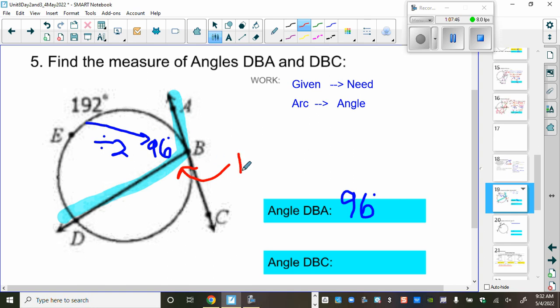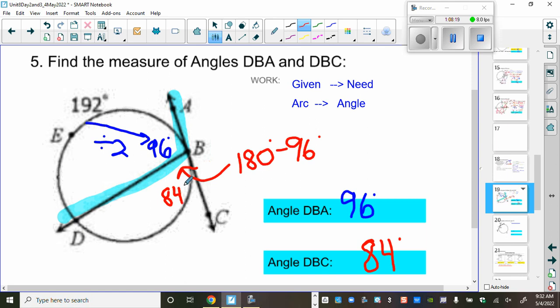The grand total is 180. 180 minus 96, yep. What's 180 minus 96? There you go. 84.